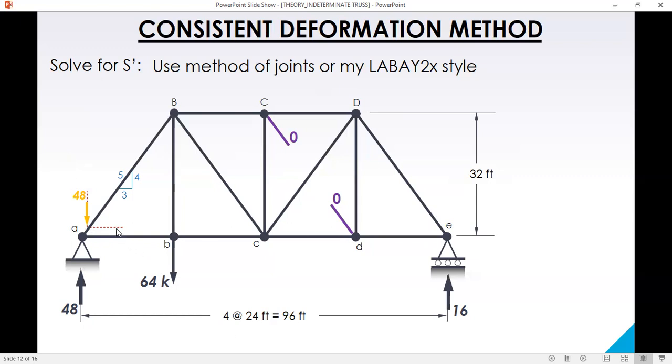And to determine the horizontal component, we use ratio and proportion using this slope. Vertical, whatever is given, divide it by its counterpart. So, vertical 48 divided by the vertical component of the slope, 4, so 12. To get the horizontal component, multiply by the horizontal. So, 48 over 4, 12 times 3, 36.